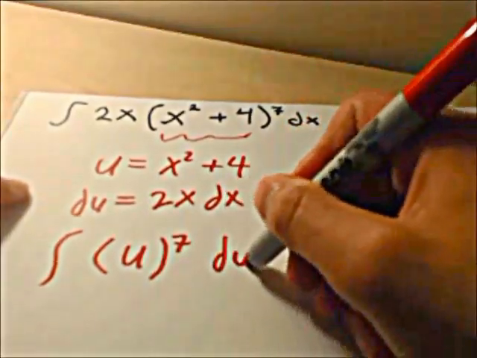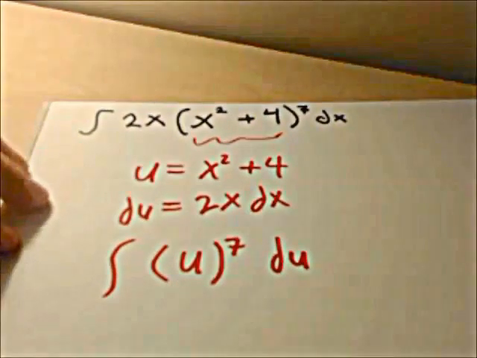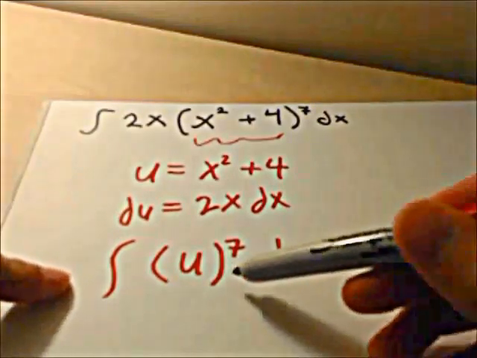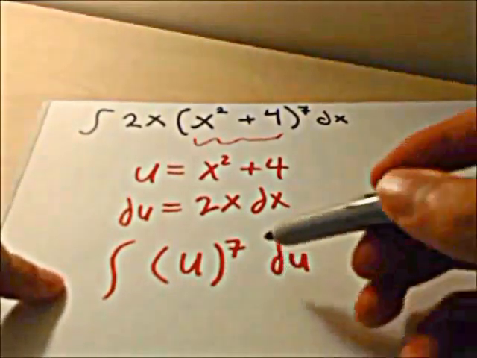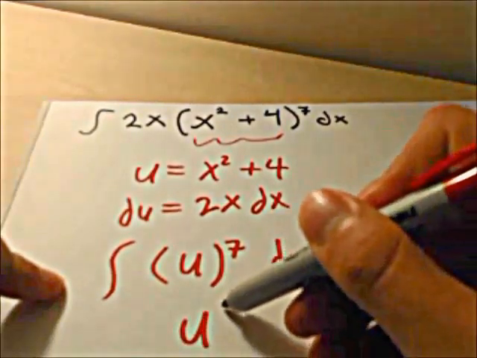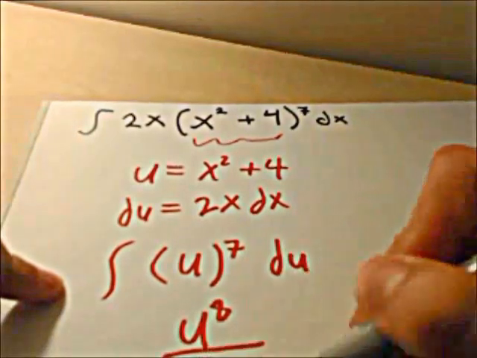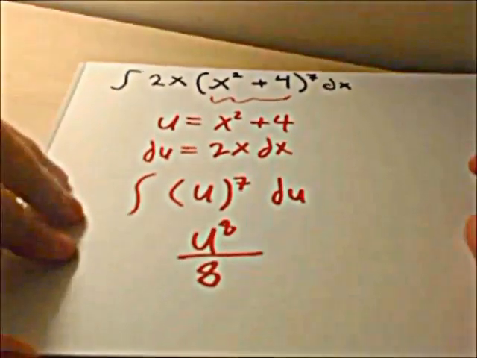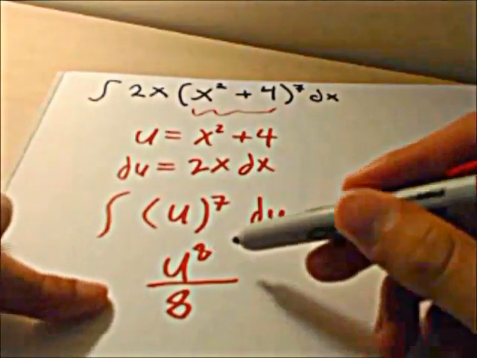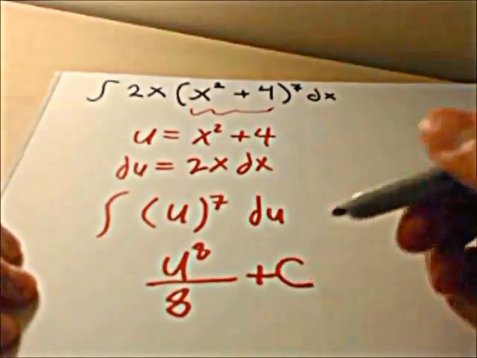Now it's a lot easier to solve. It's just a normal integral. The integral of u to the power 7 is, as you know, we add 1 to the power, so it's u to the power 8, and we divide by the new power: u to the power 8 over 8 plus c, don't forget our constant.